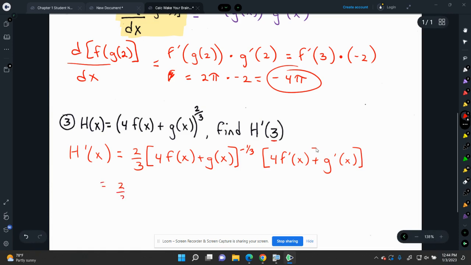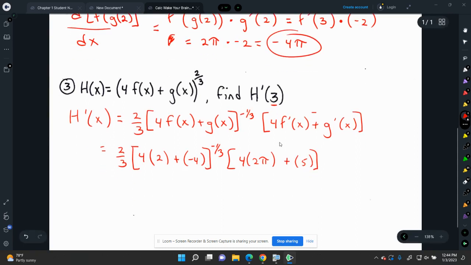So we've got 2/3, 4 times f of 3, which is 2, okay, plus g of 3, which is negative 4, to the negative 1/3, times 4 times f prime of 3, which is 2 pi, plus g prime of 3, which is 5.